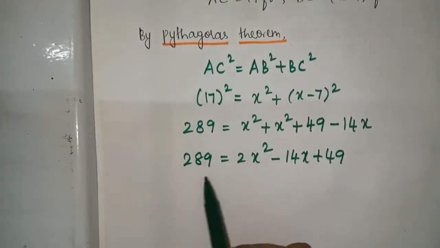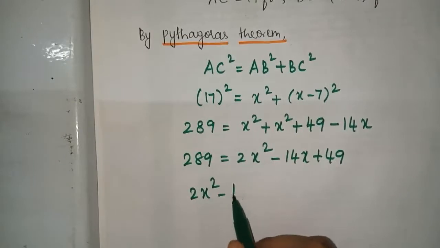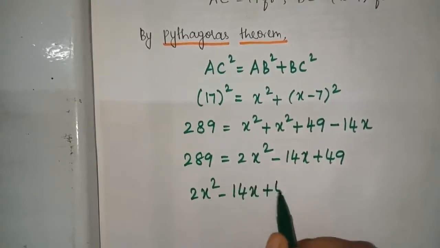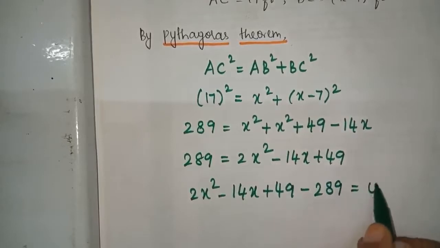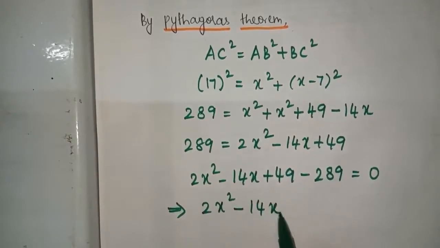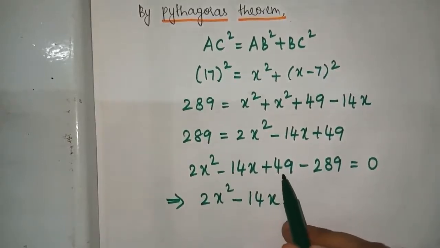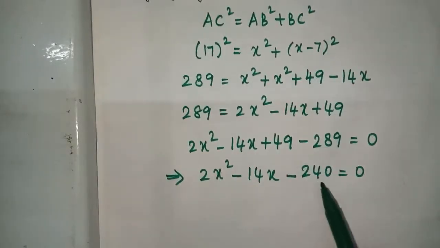Shifting 289 to the right hand side: 2x square minus 14x plus 49 minus 289 is equal to 0, which implies 2x square minus 14x minus 240 is equal to 0.